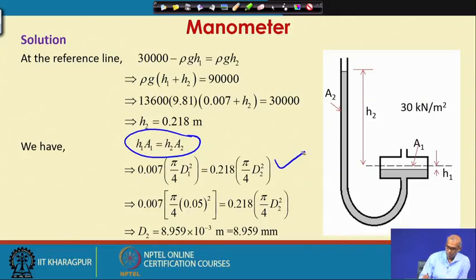So, you can write this equation. The area can be taken as pi d square by 4. So, after putting all values, we can calculate the diameter.